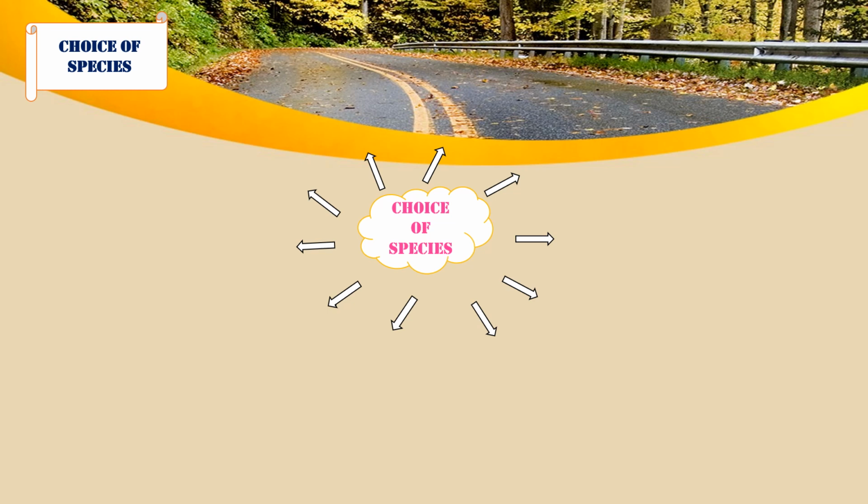Now we discuss the choice of species for aerial seeding. The seeds selected for aerial seeding should have a well-developed embryo and also be 3 to 4 cm in size, as the smaller seeds are easily blown away by wind during aerial seeding.